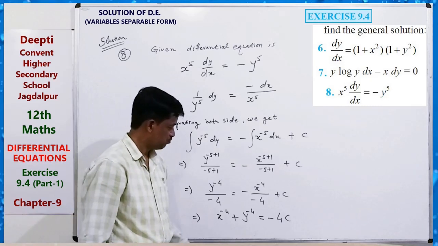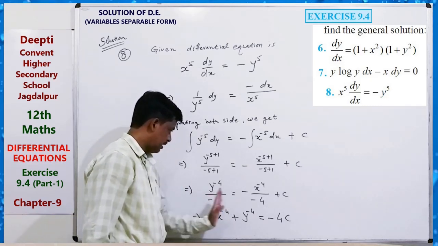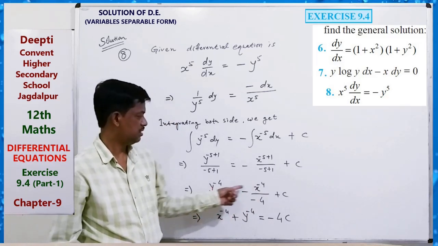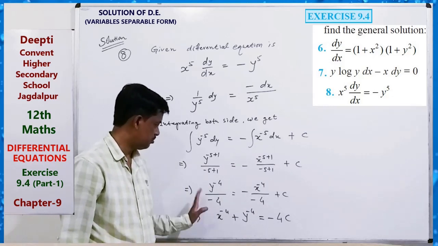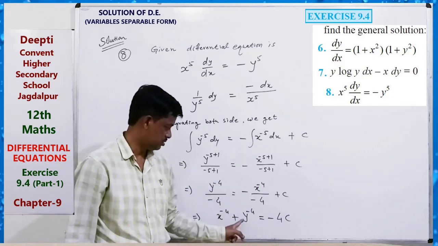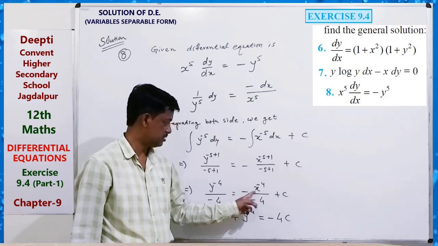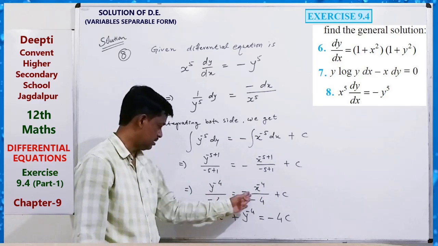Okay. Just multiply this by minus 4. So minus minus plus 4, y to the power minus 4, this. And here minus 4 cancels, minus x to the power minus 4 comes to the left hand side.